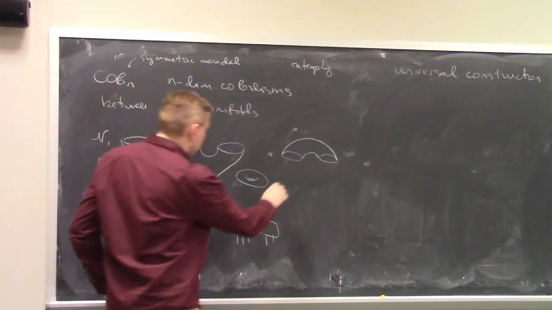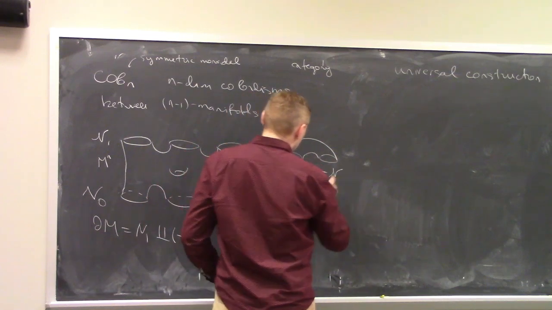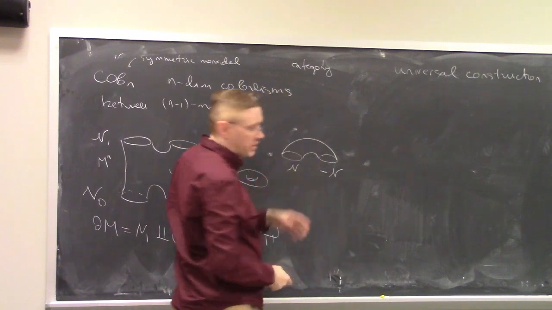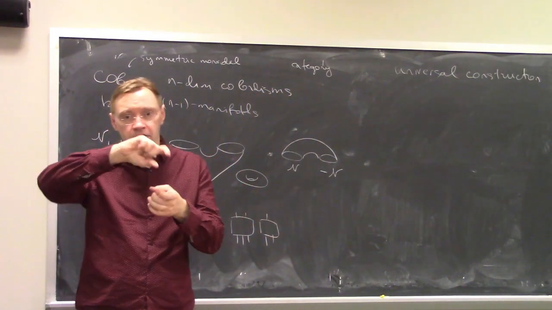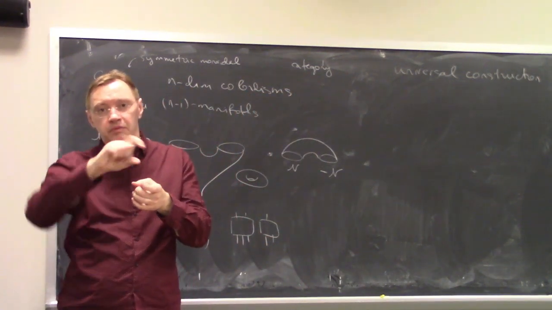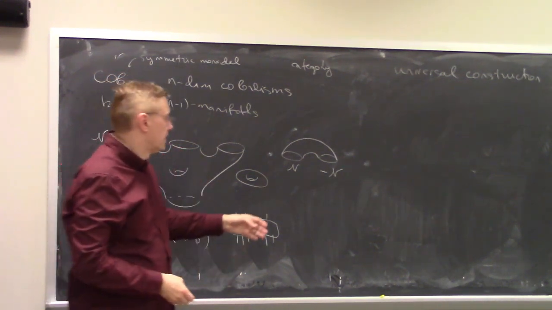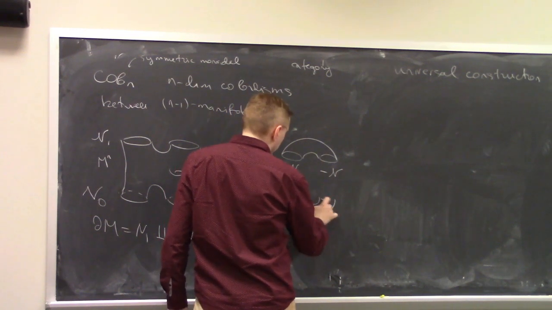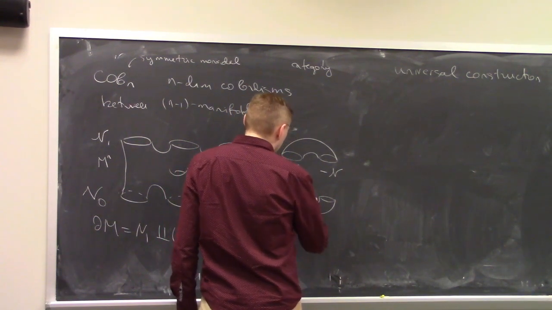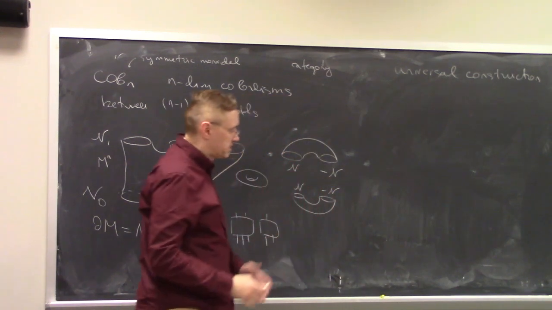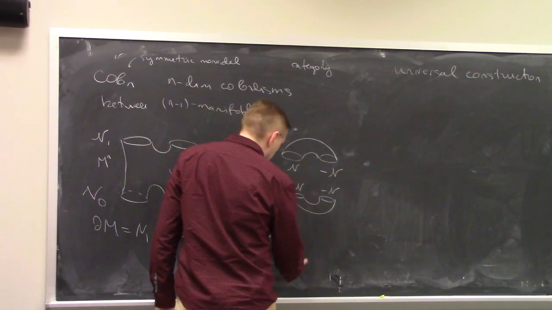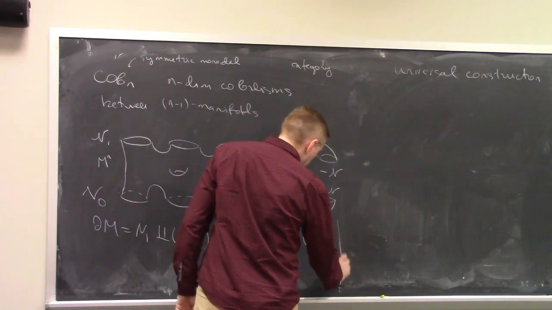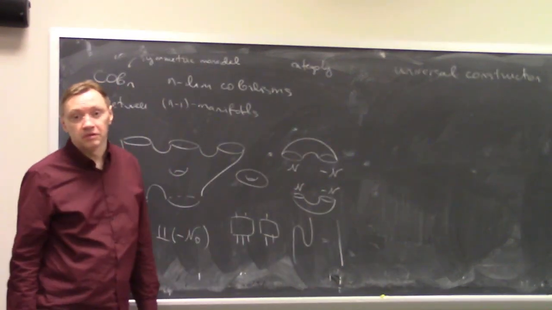So you have N and minus N, and you have a cobordism from N union minus N to nothing and back, which is just the identity of N, but turned around, bent back, so as to be a cobordism from N union minus N to nothing, or vice versa, a cobordism from nothing to N union minus N, subject to some relations that I can draw in just one dimension less, saying that if you compose these tubes, the composition is equal to the identity morphism.